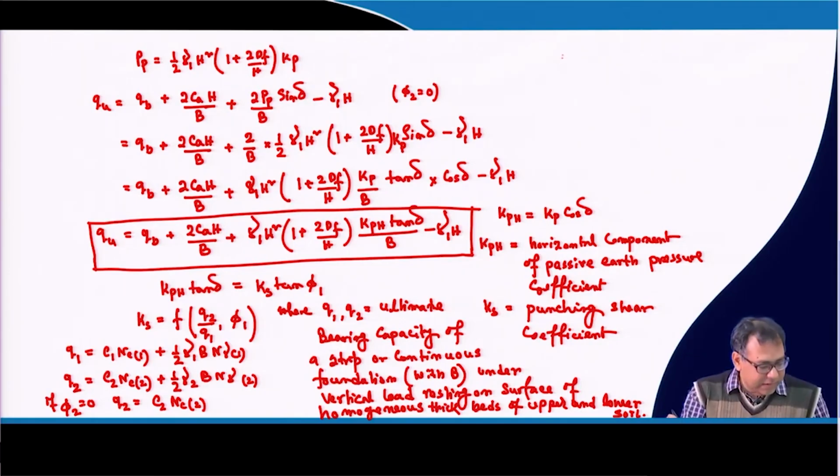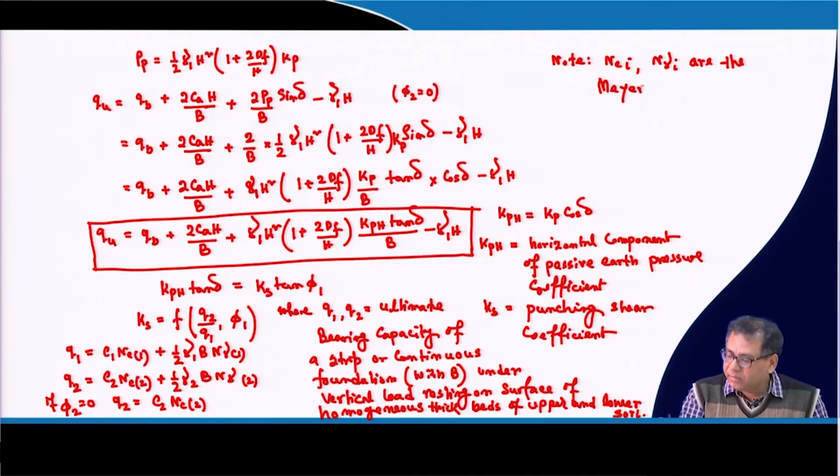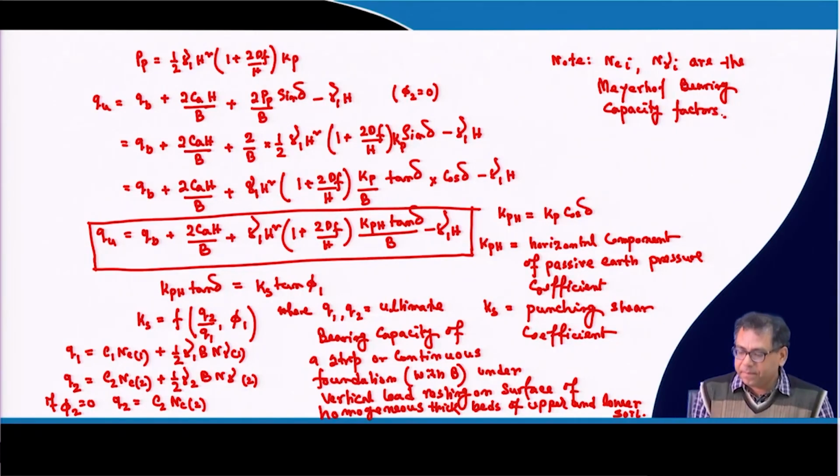So, note that this Nci or N gamma i are the Meyerhof bearing capacity factors. So, these bearing capacity factors I will get from the table given by Meyerhof in the original Meyerhof bearing capacity equation. So, those factors I can use here.